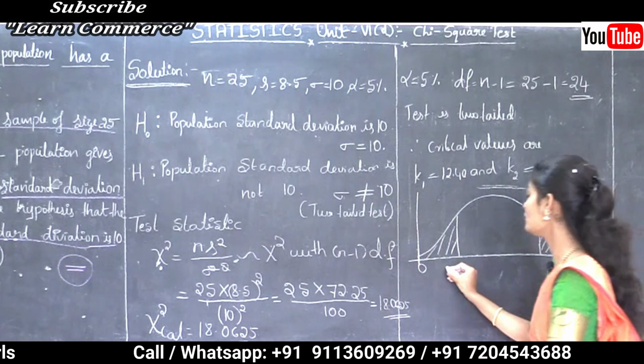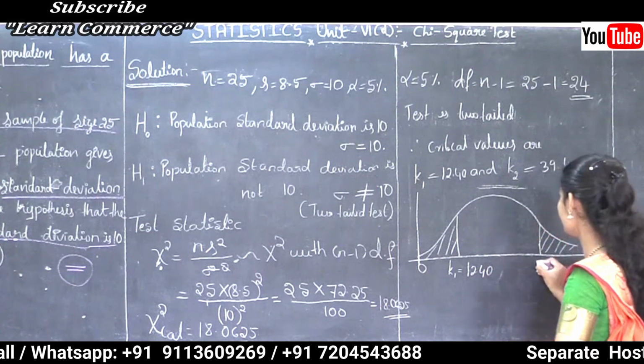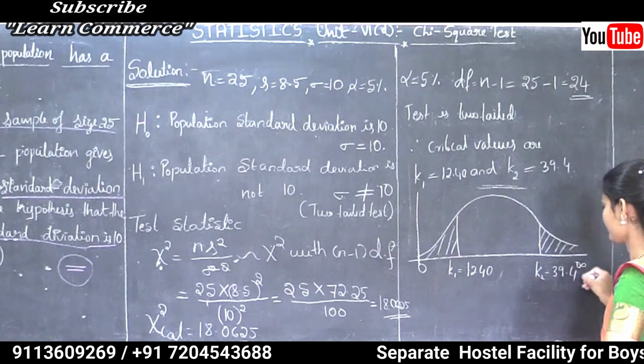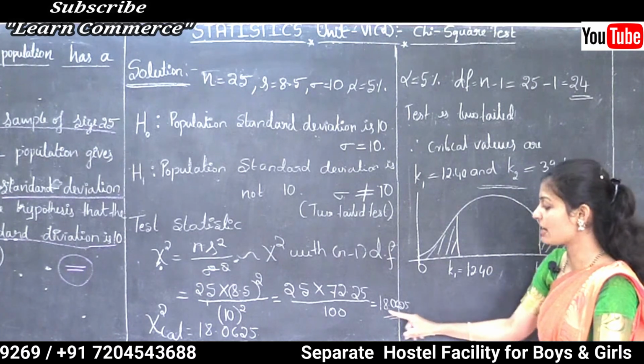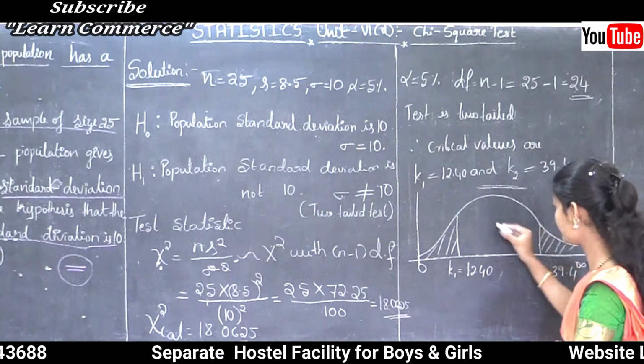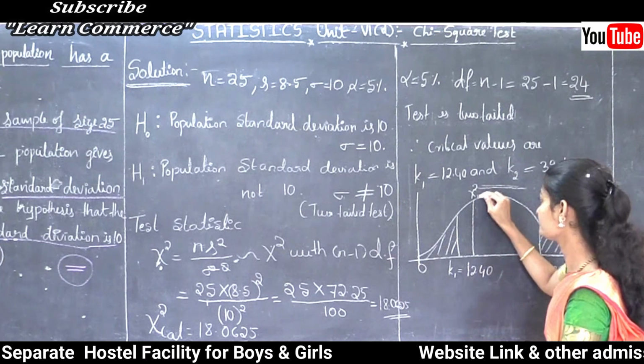Here the value is K1, that is 12.40, and here it is K2, that value is 39.4. And here the calculated value is 18.0625, so that value comes here.